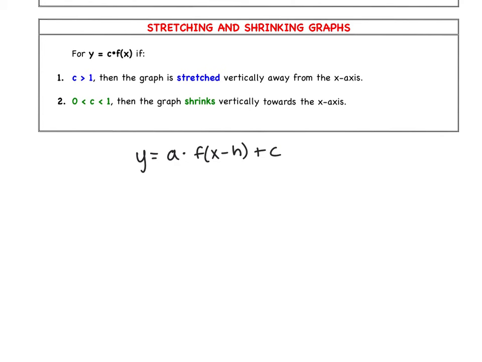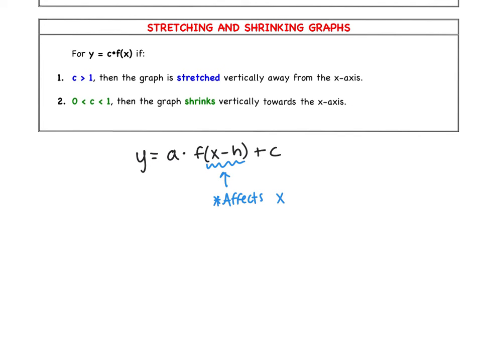Here's what they do. Anything that is inside the parentheses with f, you need to know that this affects x. Anything inside the parentheses is always going to affect x. On our graph, x is left to right.